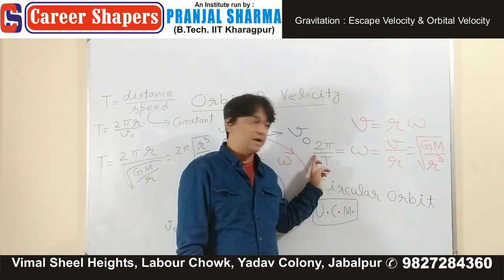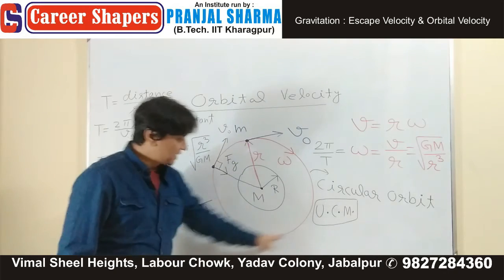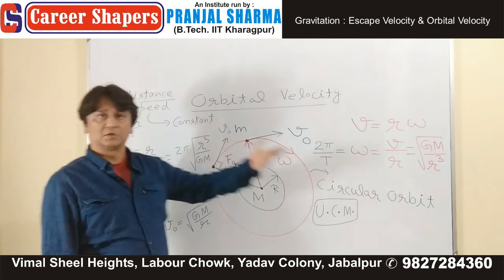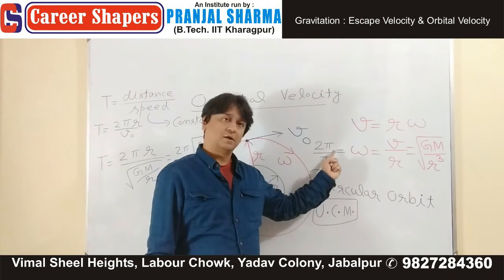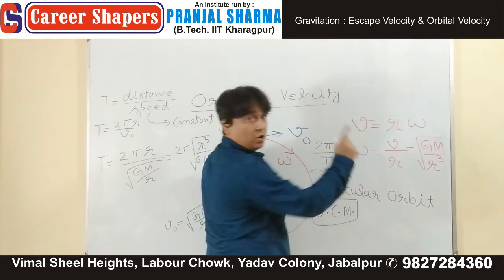Angular displacement divided by time. What is the angular displacement? As you complete one round, what is the angular displacement? 2 pi. So you could have answered T directly using omega also.